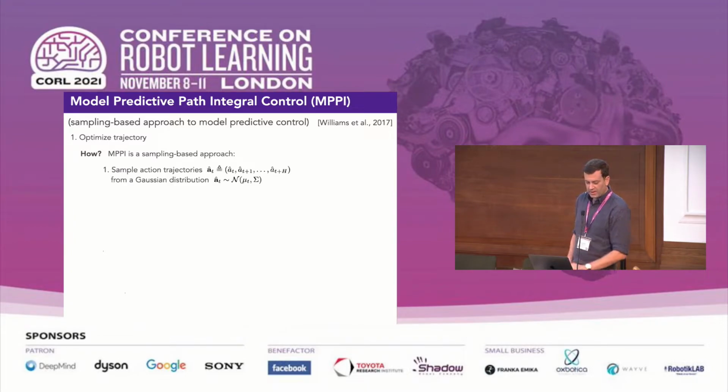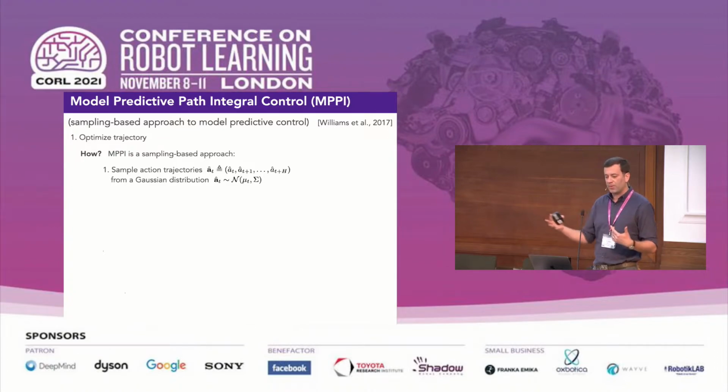The method works by first sampling trajectories over some horizon h in the robot's action space from a multivariate Gaussian distribution with some mean mu that we have at a particular time step and covariance. So we're just sampling sequences of actions from this probability distribution.